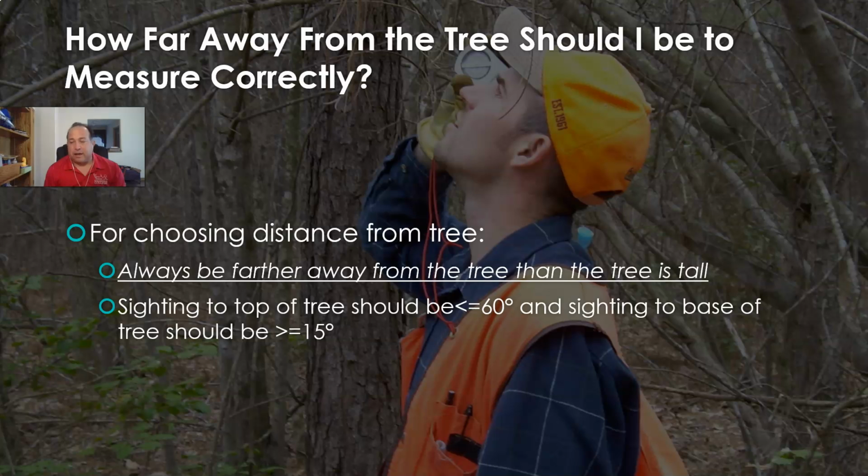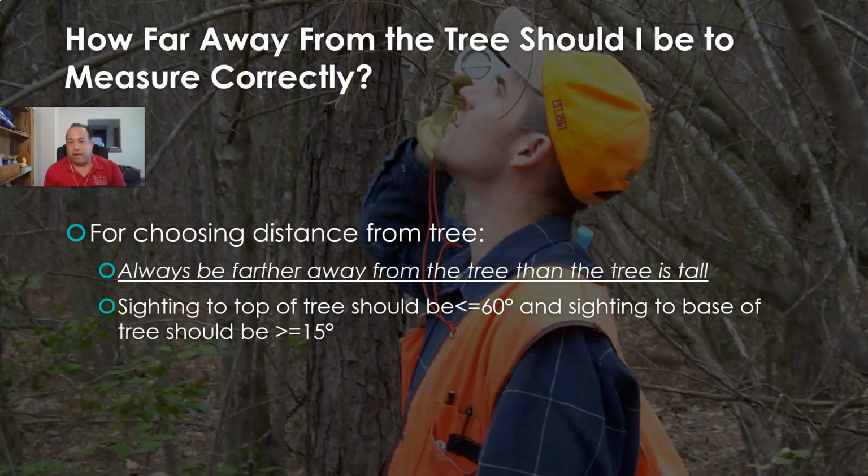So if I think this tree is going to be 100 feet tall, I want to go back at least 100 feet, or a little over 1.5 chains, away from the tree. If I think this tree is going to be 50 feet tall, then if I go 1 chain, or 66 feet, away from the tree, I'll be plenty far away. But just the idea is that you want to be farther away than the tree is tall.